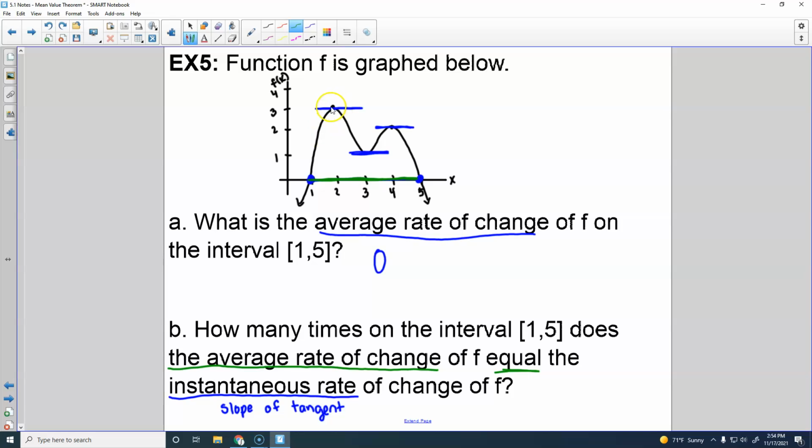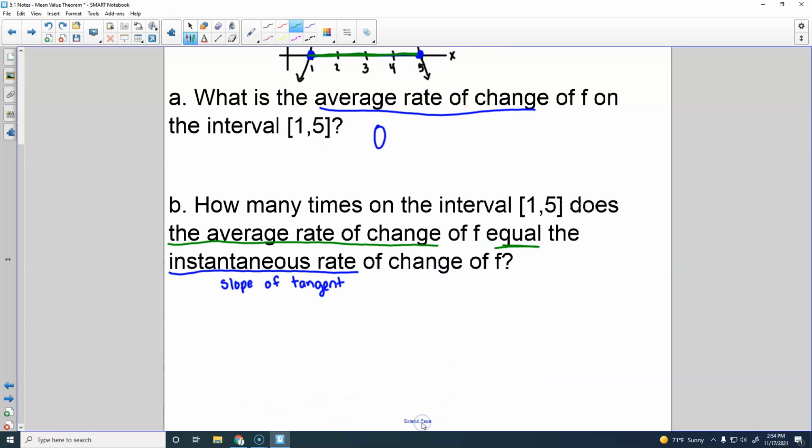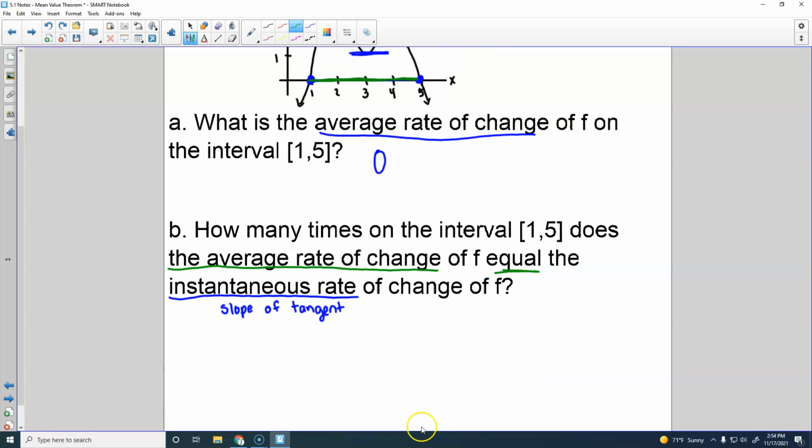It's at these places where we have maximum or minimum points. If it were, we wouldn't have enough information. We know it's positive, but we wouldn't have enough information to answer that. So, it wants to know how many times. It is 3 in this case.